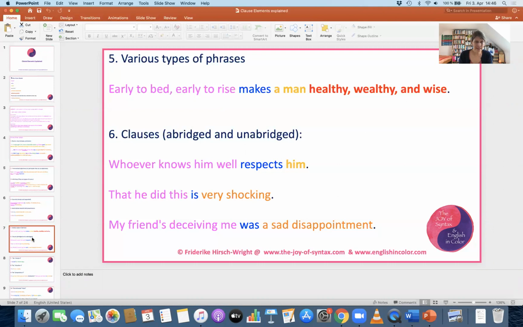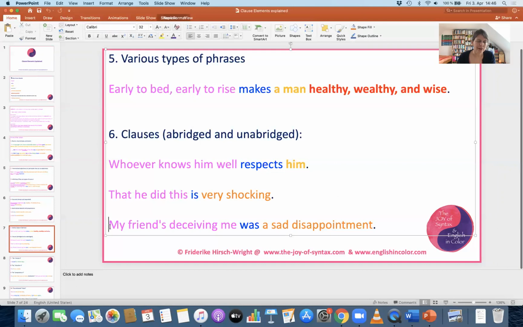We have my friend's deceiving me. Oh, scratch that. I just talked crap. This is not an absolute phrase. This is actually a gerund, but it is a gerund that is an abridged clause.